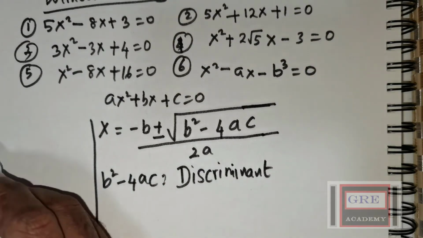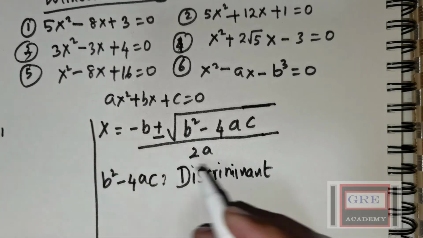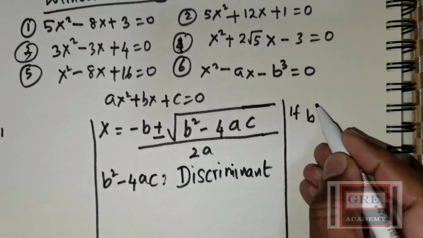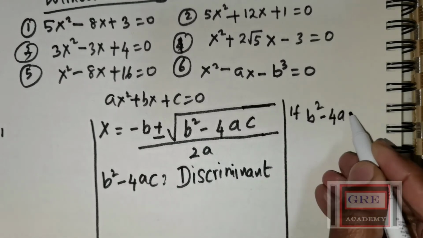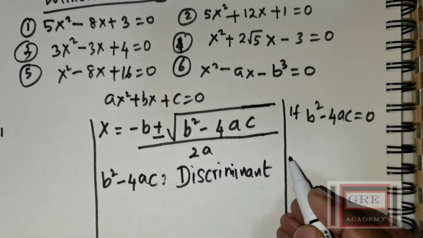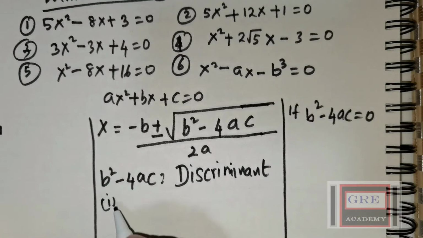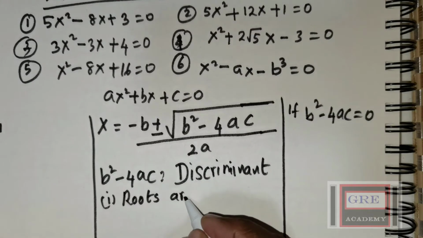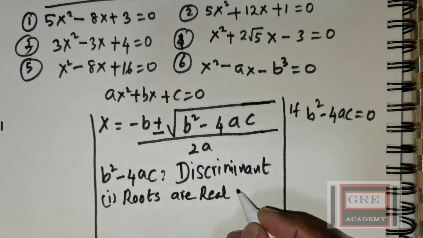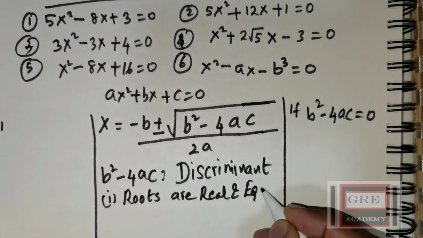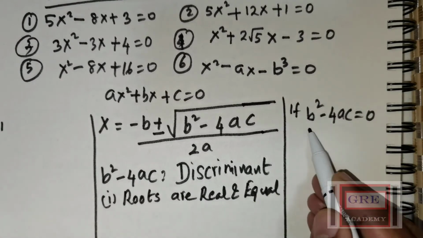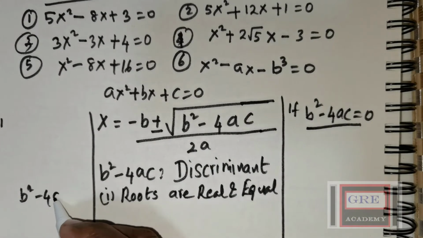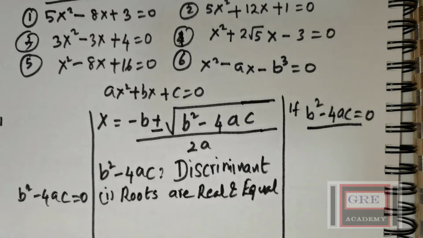So how do we know the value? Now if b squared negative 4ac is equal to 0, then I'm writing the statement, the roots are real and equal. This is the case if b squared negative 4ac is equal to 0.